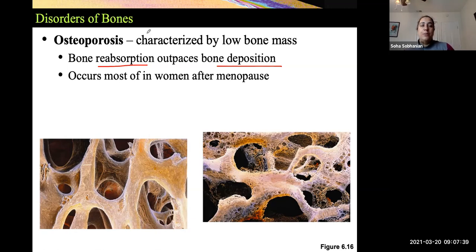So as I mentioned, osteoporosis happens because, in relation to one another, osteoclasts are more active than your osteoblasts. Again, it's most common in women with menopause.